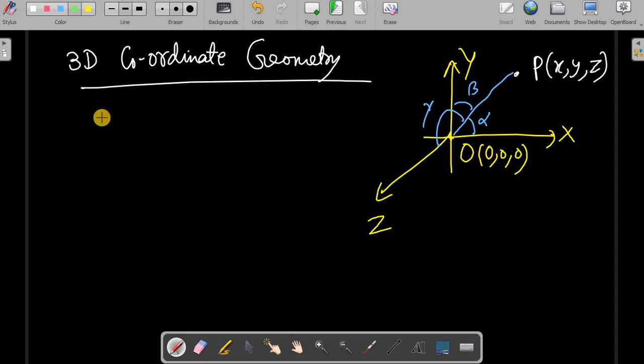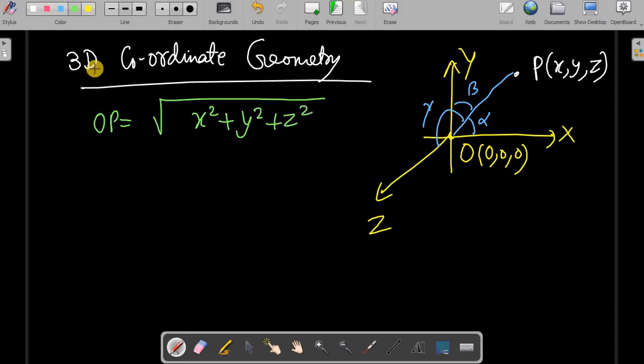So we can calculate the length of this, right? OP can be calculated as root under x squared plus y squared plus z squared, the length or distance of the point from the origin. Similarly, you can also calculate direction cosines.